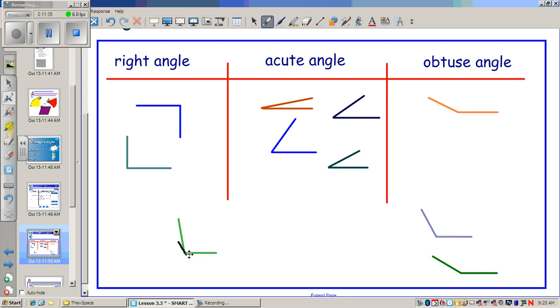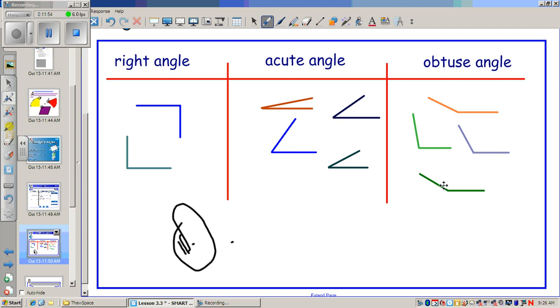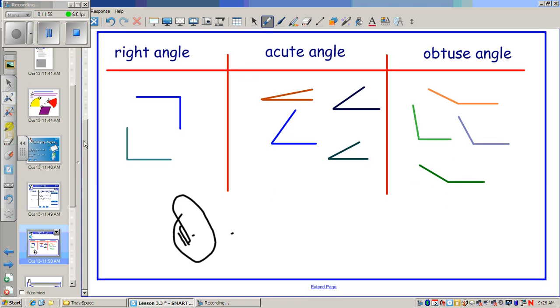If I went straight up from here, this angle here would measure greater than 90. Same thing with this one, a little bit bigger, and this one's quite a bit bigger, more like our orange one. So there we go. Again, categorizing angles, making sure we understand the difference in our angles, because that's really important.